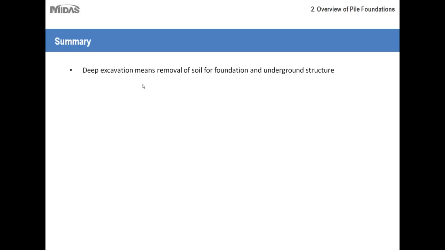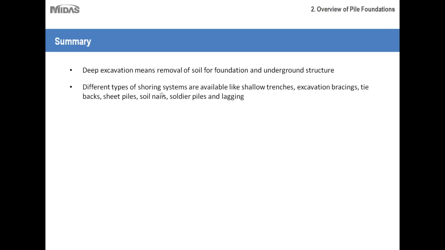Okay, so let's go over a quick summary of what we learned in this section. One, deep excavations. This means the removal of soil for a foundation and underground structure. Different types of shoring systems are available. Some that we mentioned briefly were shallow trenches, excavation bracings, tiebacks, sheet piles, soil nails, soldier piles, and lagging. The type of shoring system that you use really depends on the excavation that you're doing.